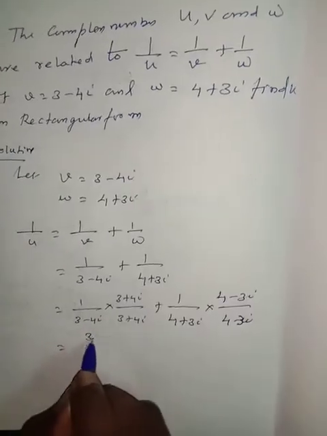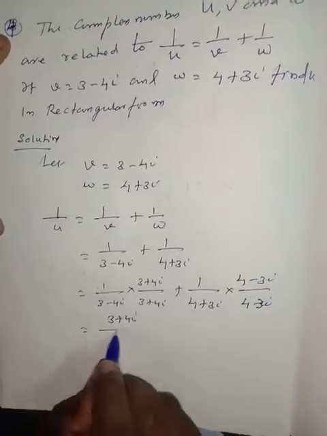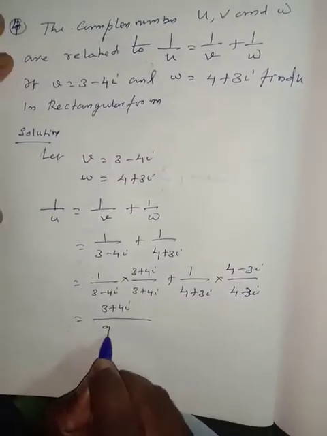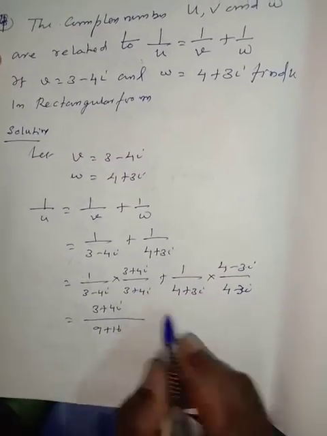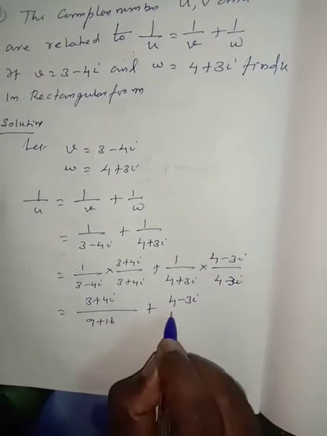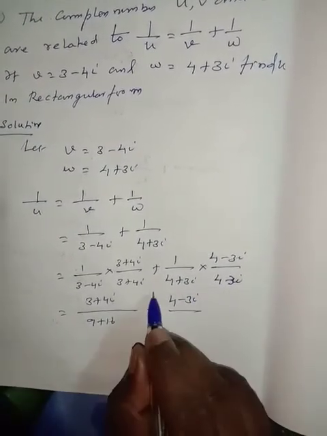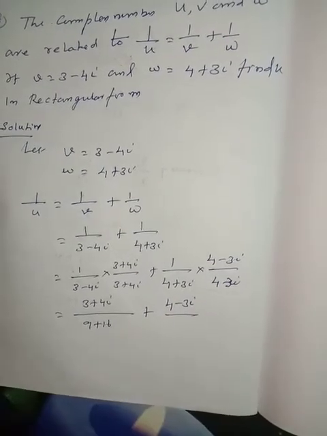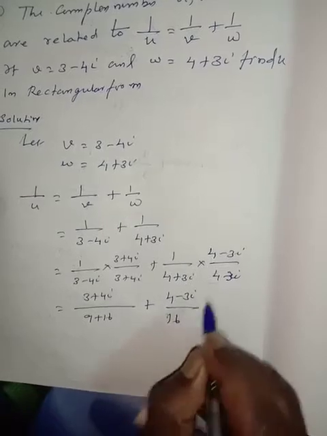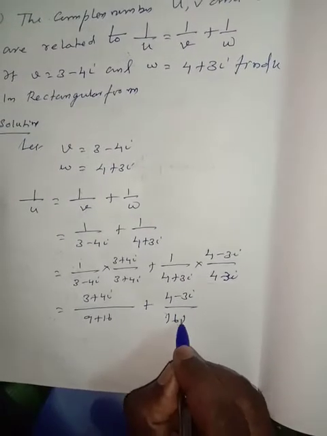So 3 plus 4i divided by a plus b into a minus b, a square minus b square: 3 square is 9, 9 plus 16, plus 4 minus 3i divided by again a plus b into a minus b, so 4 square 16 plus 9.